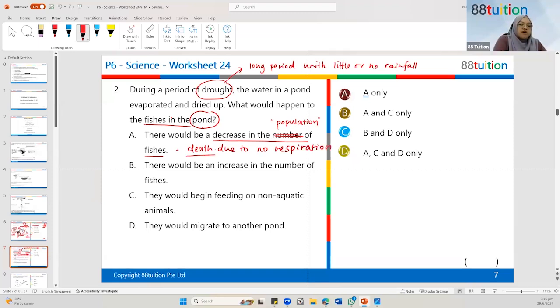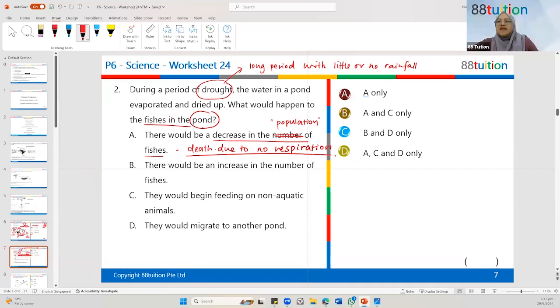Okay, can we just put all this down in case this kind of context or situation appears in open-ended questions and they ask why. So you remember some points as to the reason why the fishes die.